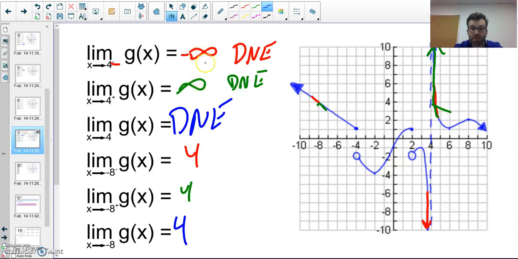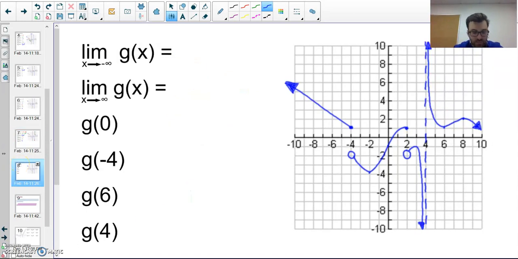Okay. These two are kind of confusing. If these two match, then we will have infinity, and I'll show you what that looks like. The limit as x goes to -infinity.